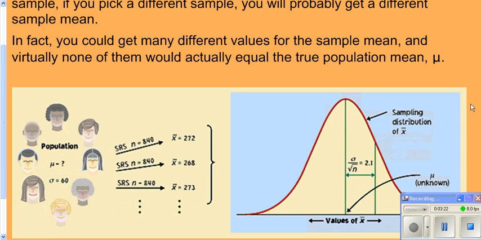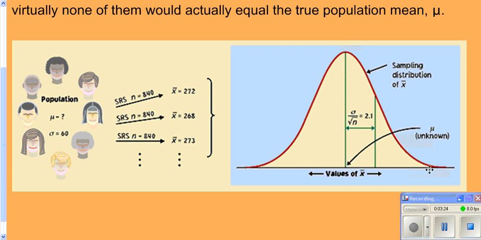Remember that the mean of all your averages from your samples is the mean of the population, and the standard deviation of your sampling distribution is sigma over the square root of n. Now, we don't actually know in this section the mean of the population, but we're going to try to estimate it from our samples.